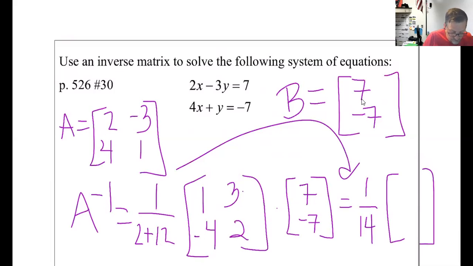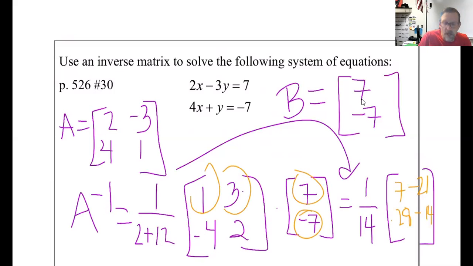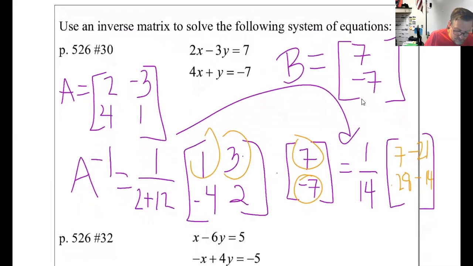Again, 1 times 7 is 7, 3 times -7, so I've got 7 minus 21. And on the bottom row, -7 times 4 is -28, and 2 times -7 is 14. So that 1/14 looked like it was going to complicate things, but it's not going to be too bad.